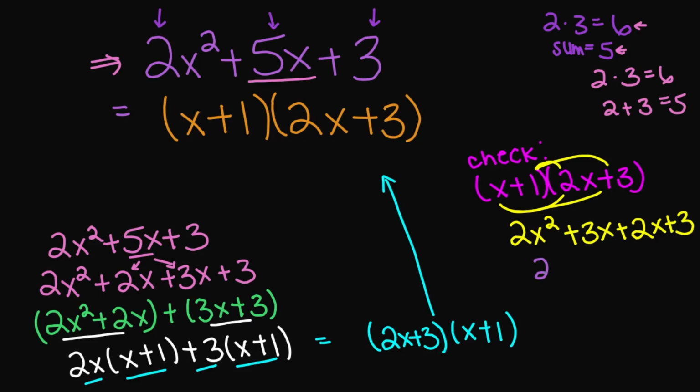So we have 2x squared plus 3x plus 2x. This is going to be 5x and then plus 3. So as you can see, you do get the same answer if you were to check your work from the same question up here.